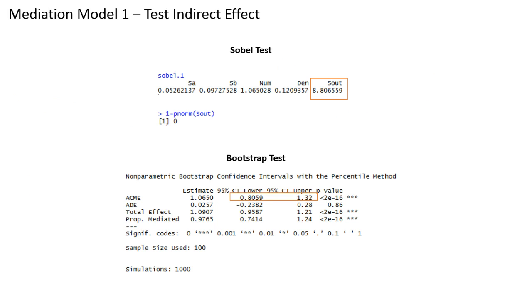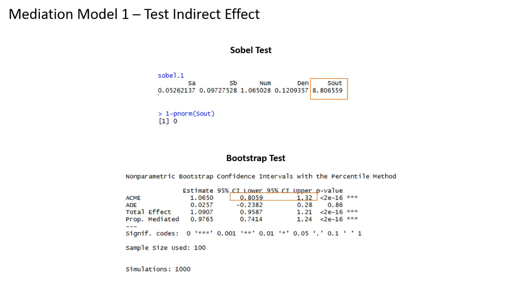I also tested the indirect effect of my first model. I first conducted a Sobel test. The Sobel test is calculated by dividing the amount of mediation, the indirect effect, which is equal to A times B, by the standard error of A times B. This gives you a score, essentially a z-score, that can be used to find a p-value.